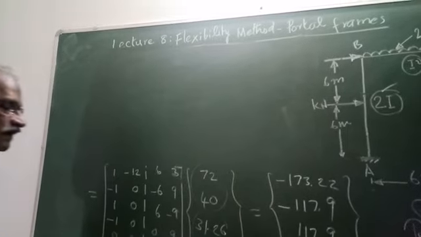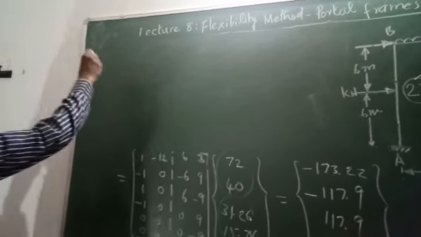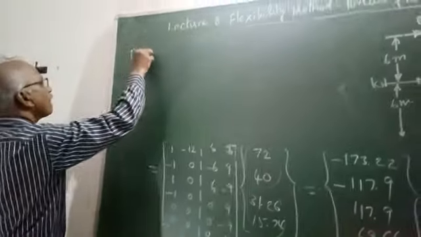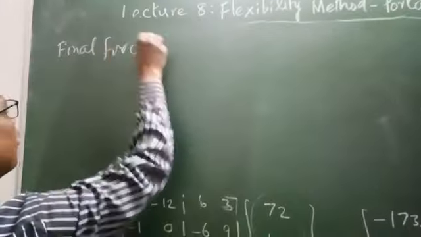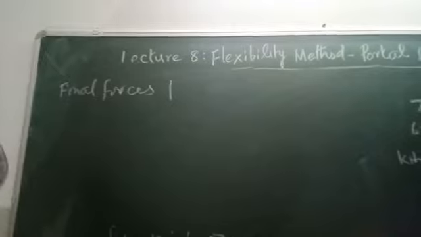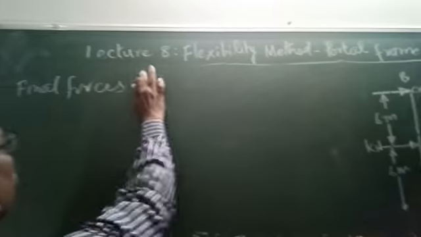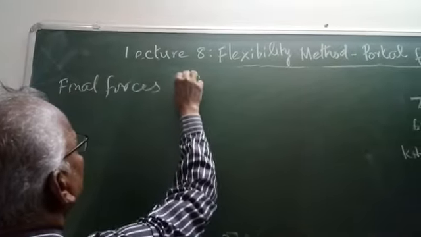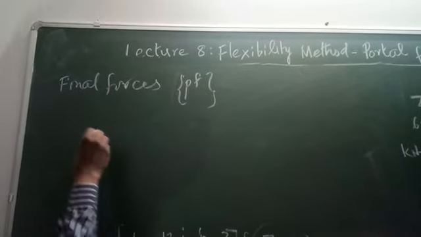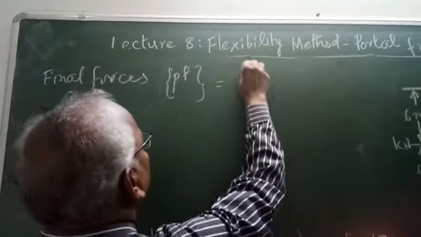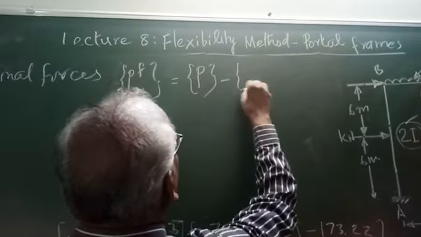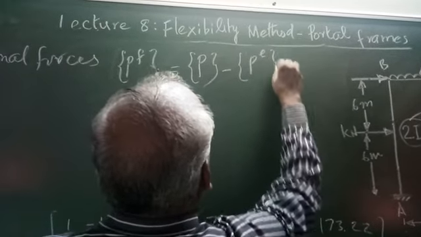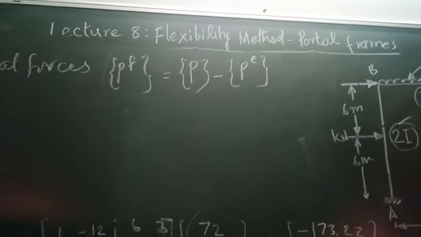After getting this, we have to get the final forces. Final forces P final, along the element coordinates only, is equal to P, these values, minus the equivalent joint forces, or this can be P plus the fixed end moments.